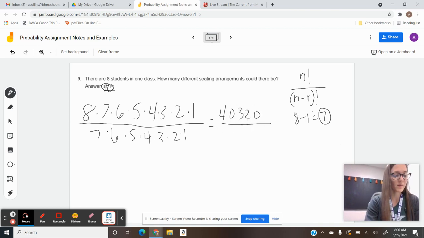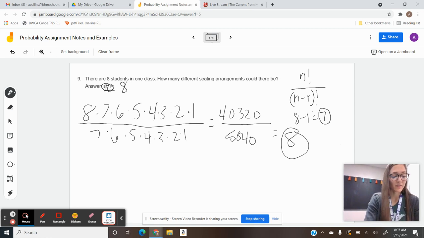All right, now I'm going to do the same thing with 7. 7 times 6 times 5 times 4 times 3 times 2 times 1. And I'm going to get 5,040. All right, now I just need to simplify this fraction. And I get 8. 8 possible arrangements.